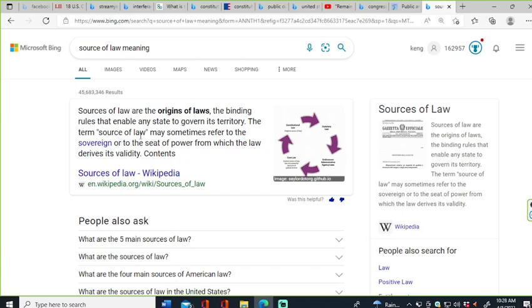The term source of law may sometimes refer to the sovereign or the seat of the power from which the law derives its validity and its contents. So we're talking about contract. So we're talking about treaty. Treaty ain't nothing but a contract.